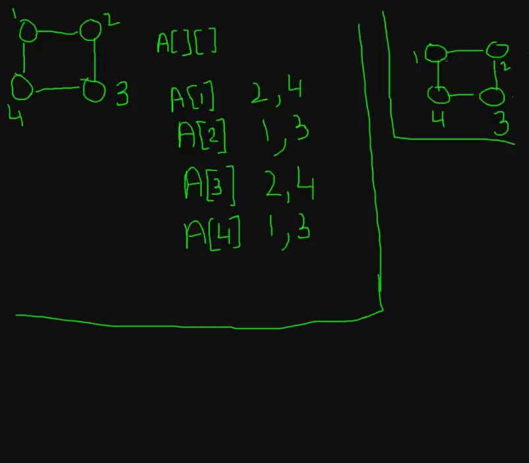So each of these nodes has an ID and an element, and I'm going to write the element in red to make it clearer. So the value is 5, the value here is 6, the value here is 7, and the value here is 8. Okay, so these are the values in the nodes and these are the IDs of the nodes.